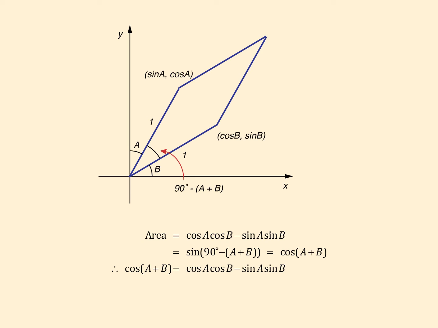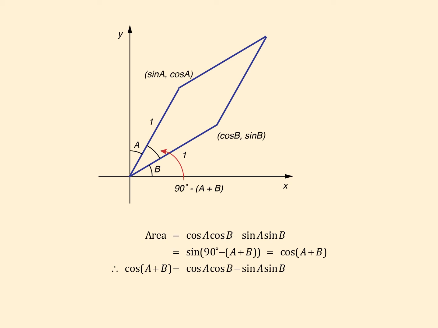Formulae for cosine. Here we have the angle B, the first side of the parallelogram is angle B with the x-axis, and the other side of the parallelogram is angle A with the y-axis.